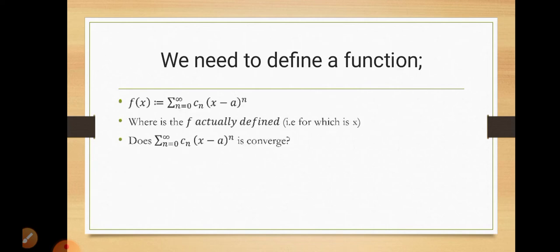So we need to define a function. First, f(x) is equal to the summation of n equals 0 to infinity of c sub n times (x minus a) to the power of n.